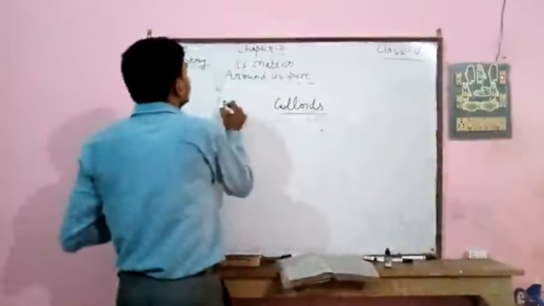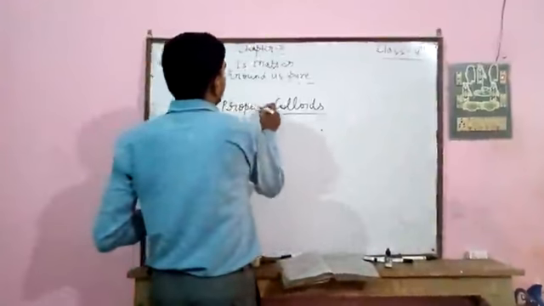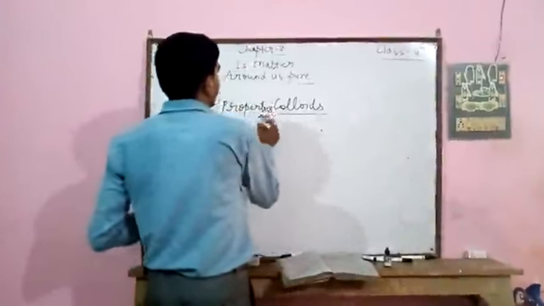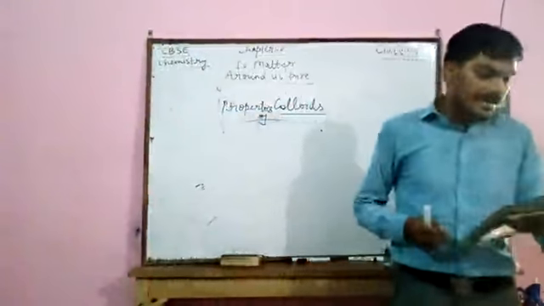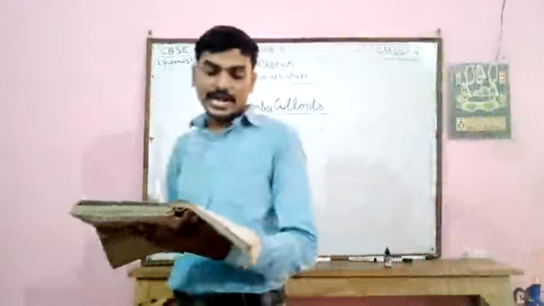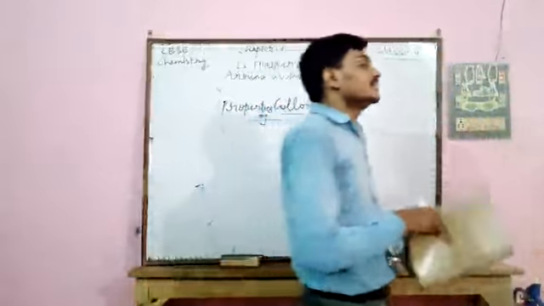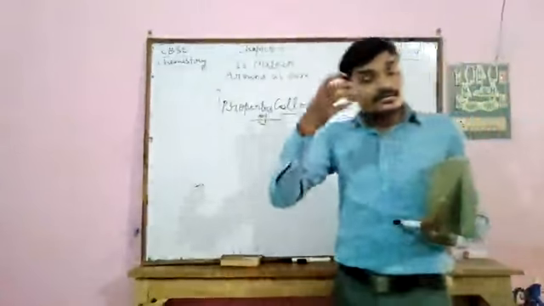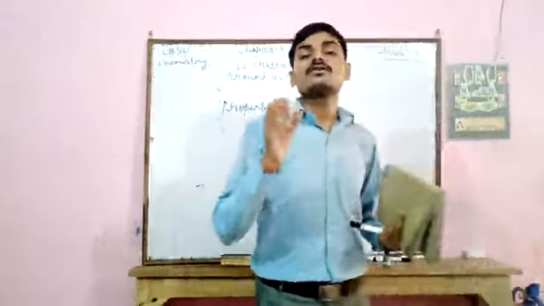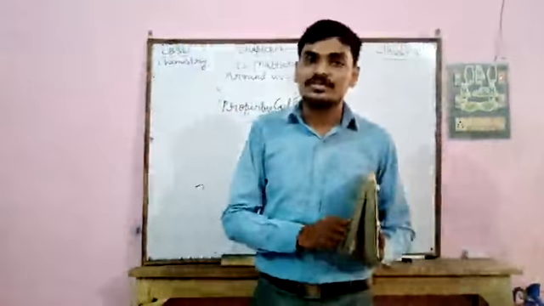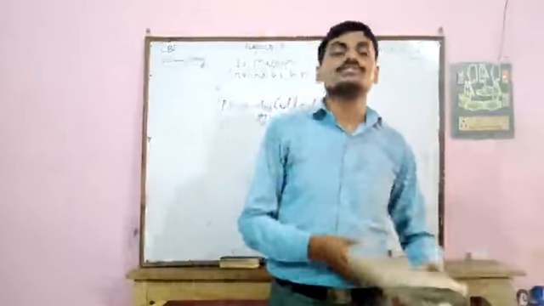Next one is properties of colloids. What are the properties of colloids? A colloid appears to be homogeneous, but actually it is heterogeneous. That is, a colloid looks like a homogeneous mixture, but actually it is a heterogeneous mixture.